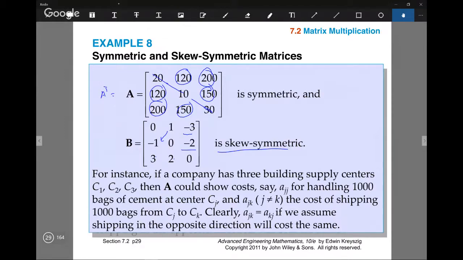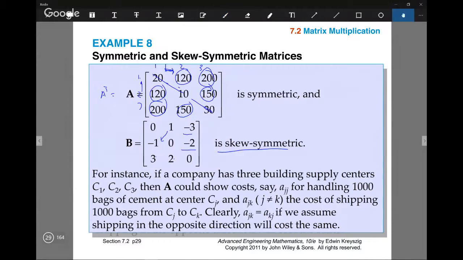So examples of where these matrices show up. Symmetric matrices, for example: suppose you want to ship from location I to location J. This is location 1, 2, 3, and 1, 2, 3. Then the cost of shipping from 1 to 2 would maybe be given by 120, and that would also be the cost of shipping from 2 to 1, right?